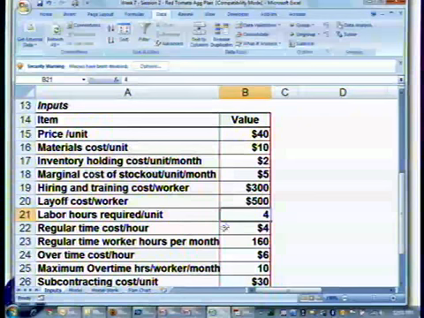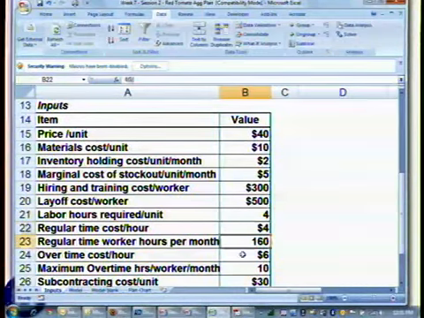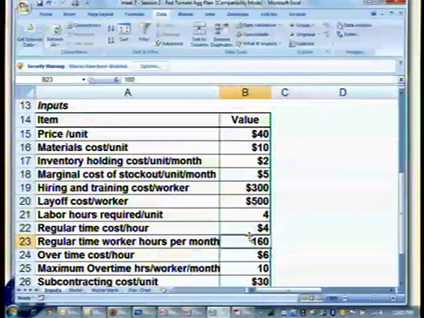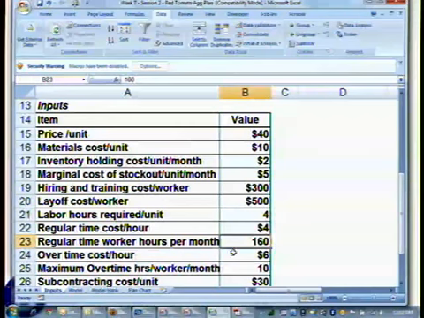In our constraints, we're going to define the labor hours required per unit and use that to calculate our regular time and the capacity in terms of we have regular time worker hours per month of 160, which we reviewed earlier, and the labor hours per month are going to be an important input to offset our calculation of production by the labor hours required per unit divided into the regular time per worker.